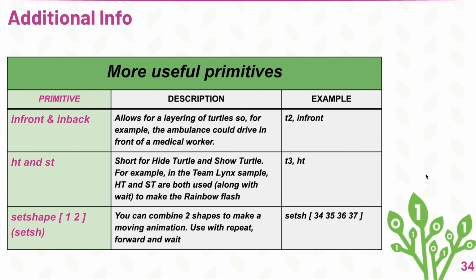Again, it's a single word, so you might say something like T2 in front, or if you've named your turtle ambulance, comma, in front. And then HT and ST are for hide turtle and show turtle. They're very handy as well. And if you use the animations, you'll see those in the clip art panel. If you see animated shapes, you can use the numerals for those, just like you see in the example there.